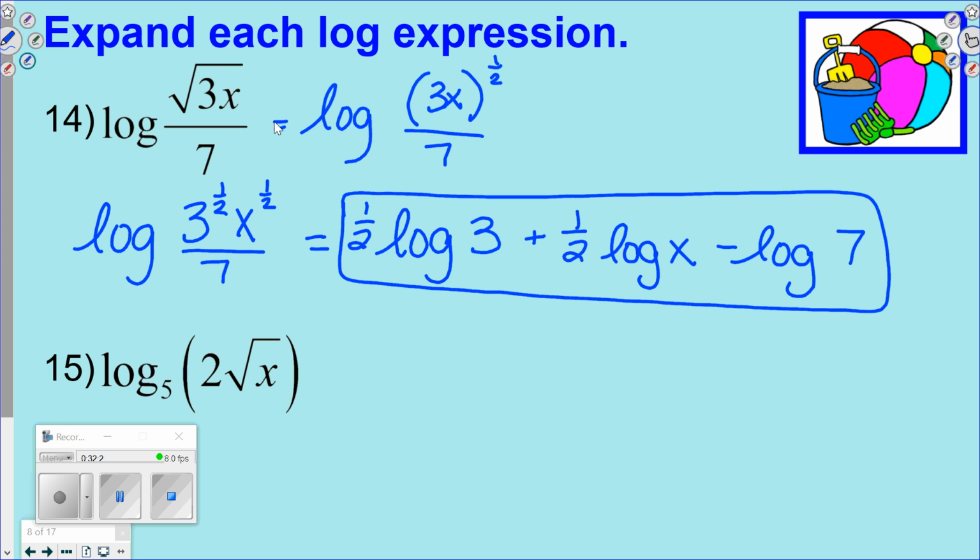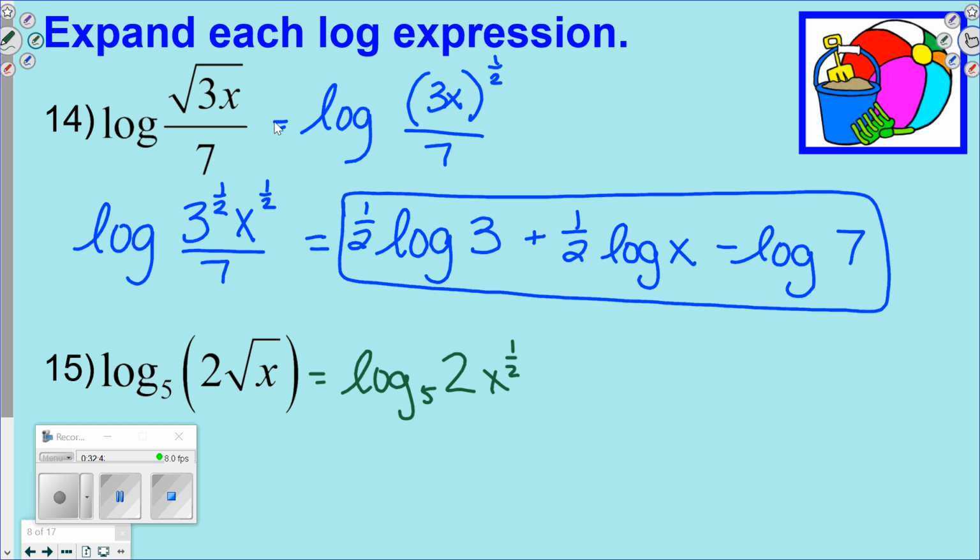Okay, so number 15. How should we rewrite the problem before we even start? It'd be log base 5 of x to the 1/2. Do I need parentheses? Does that 1/2 go on the 2?